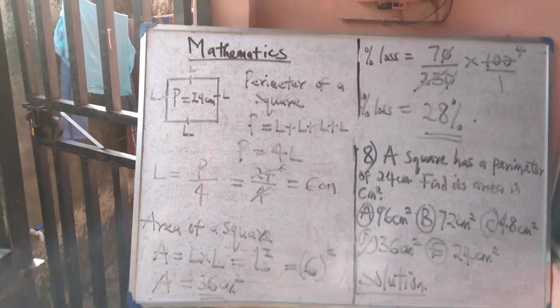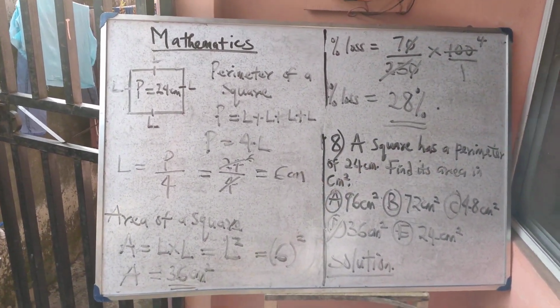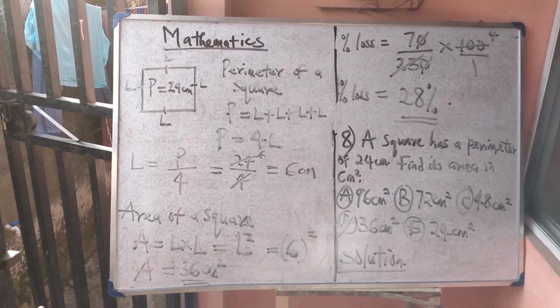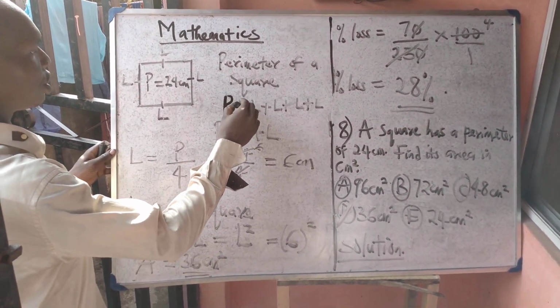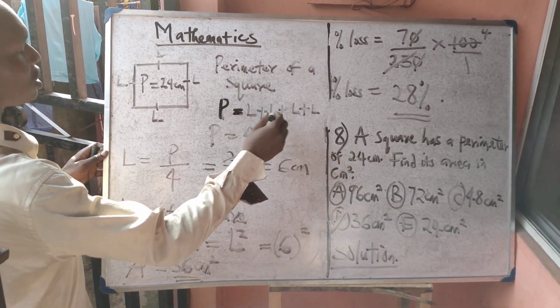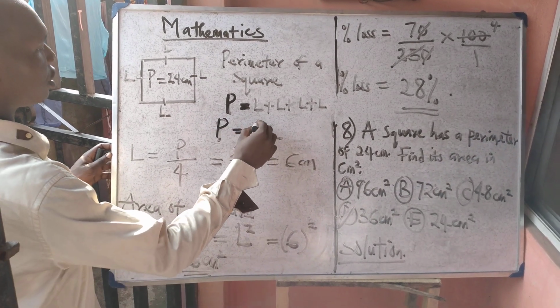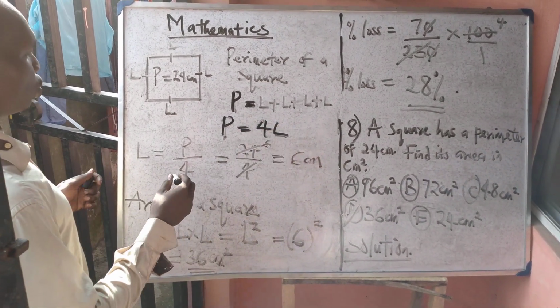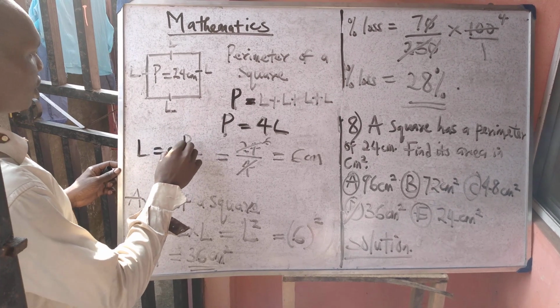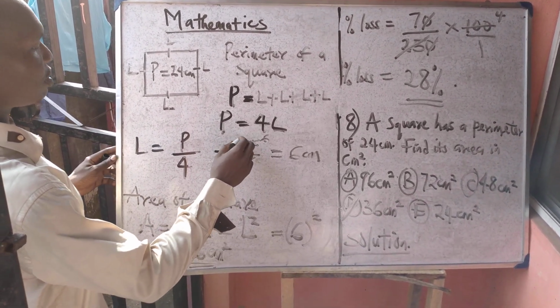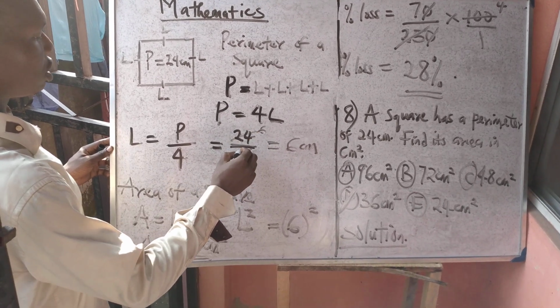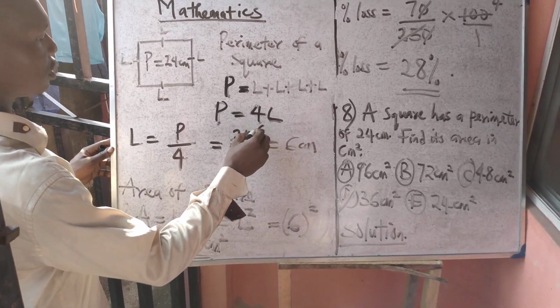Alright, so the perimeter of a square P is length plus length plus length plus length, which is 4L. So we had to make L the subject of formula. L is equal to P over 4, which is 24 divided by 4. 24 divided by 4 is 6.